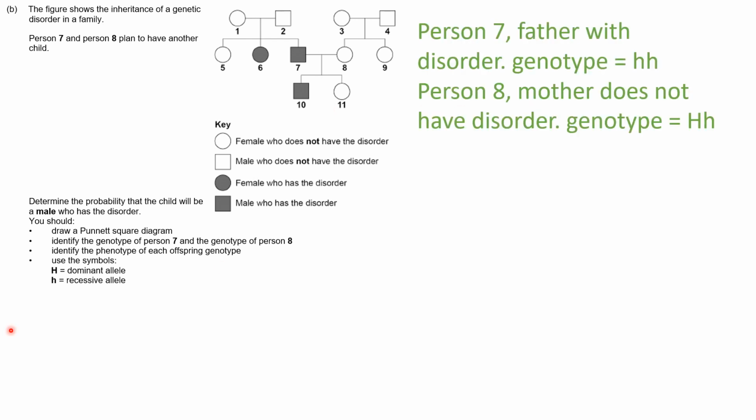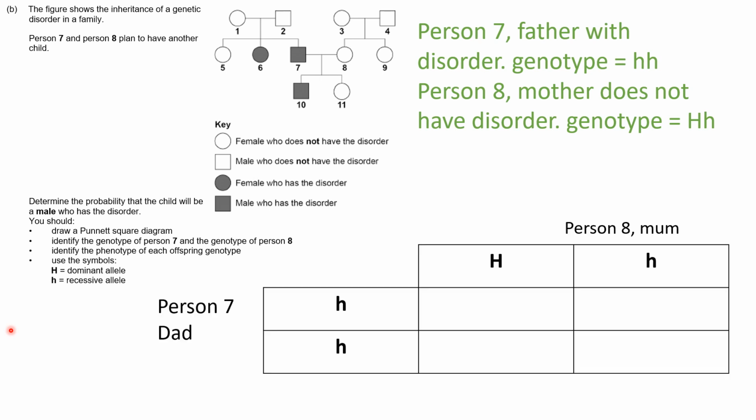So we can say person 7, the father with the disorder, has genotype hh, which presents as having the condition, and person 8 has the genotype capital H, lowercase h, and presents as not having the condition. So if we input this into a diagram, I've labelled up person 7 here, person 8.